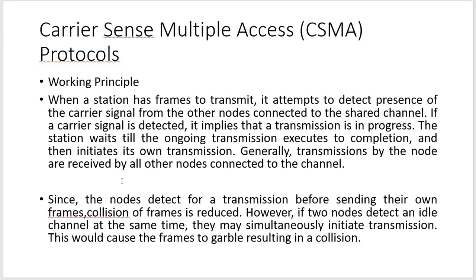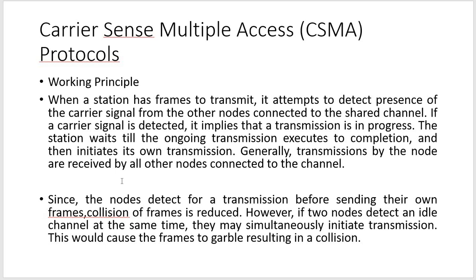Let's see the working principle of CSMA. When a station has a frame to transmit, it attempts to detect the presence of a carrier signal from the other nodes connected to the channel. If a carrier signal is detected, it implies that a transmission is in progress. The station waits until the ongoing transmission is completed and then initiates its own transmission.